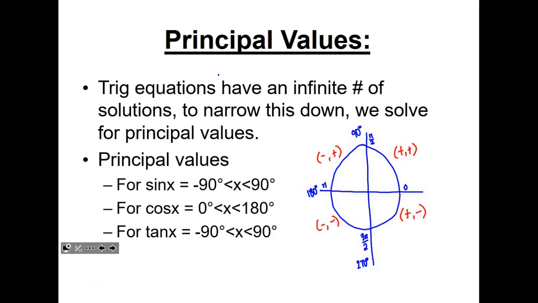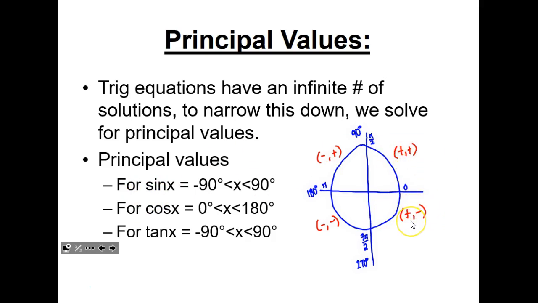For sine and tangent, we narrow our search just to negative 90 up to positive 90. It's that first and fourth quadrant. We use the negative values rather than using 270 to 360. So, first and fourth quadrant. If you look at sine, sine's your y-coordinate. You've got a positive and a negative.